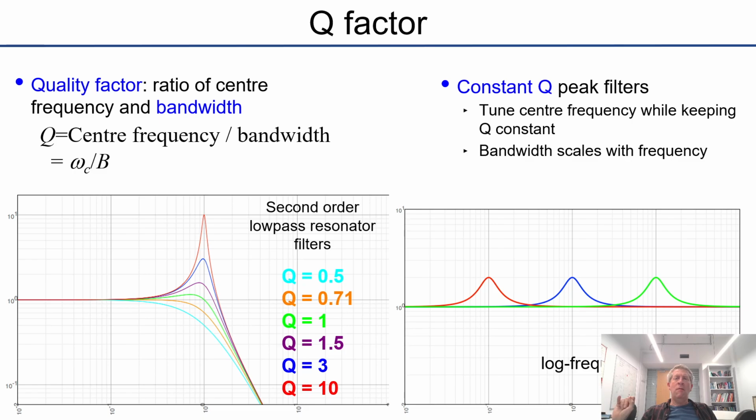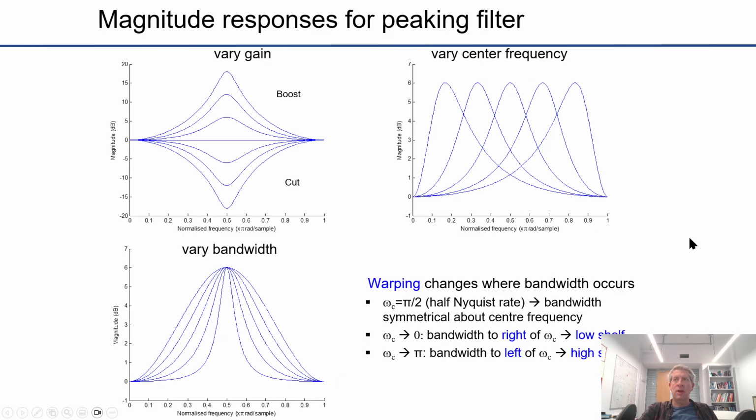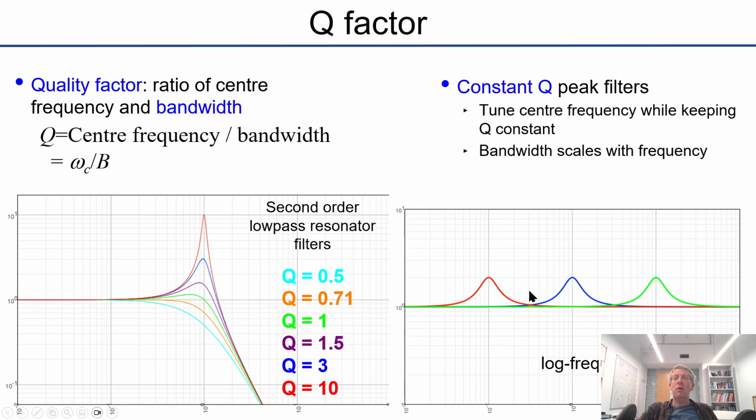Filters are generally not symmetric when you go far away from the mid-range. That's this warping. But on a log frequency scale, they can appear symmetric.